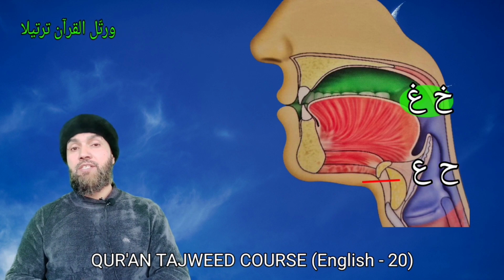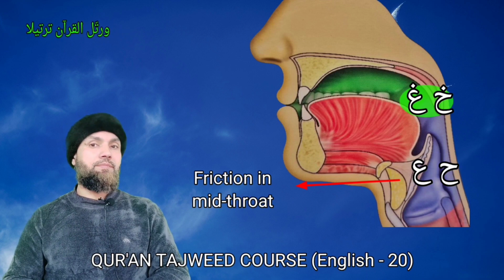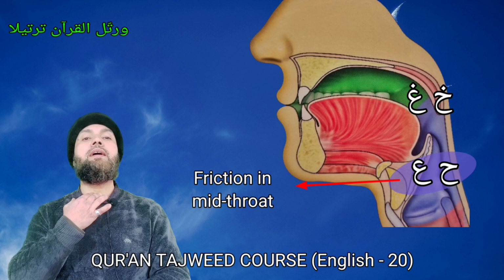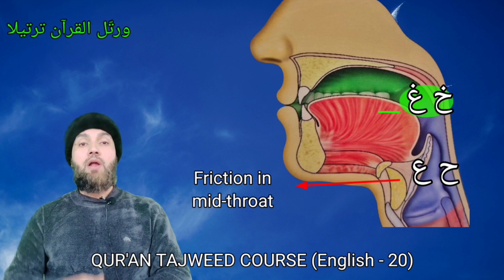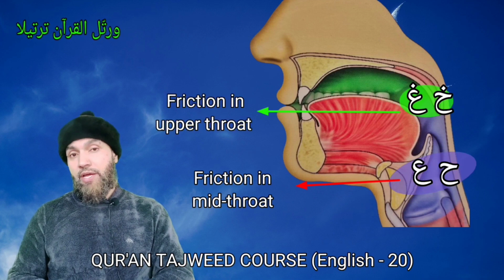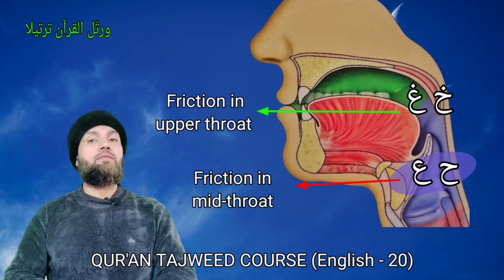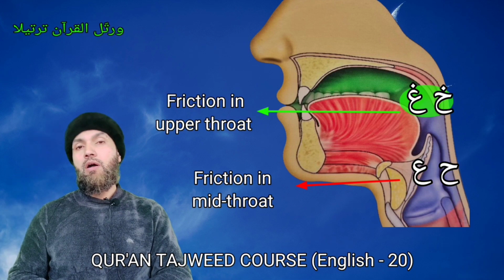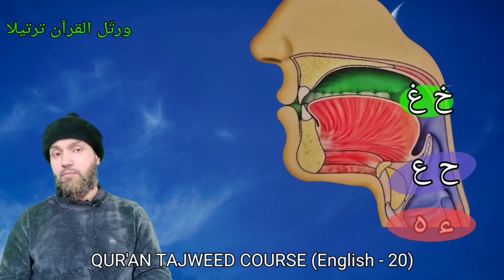But this friction in case of ha and ain is in the middle of the throat, while in case of kha and ghain, this friction is in the upper part of the throat, like kha, gha, kha, gha, right?